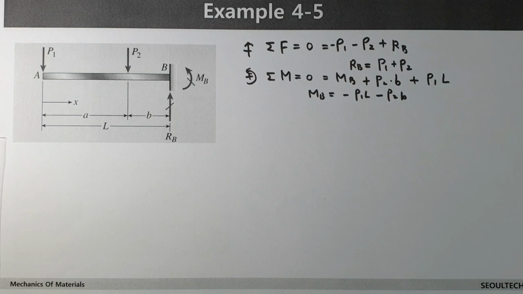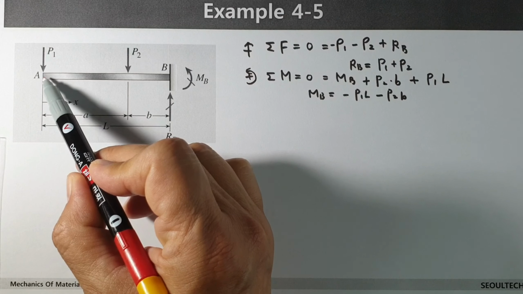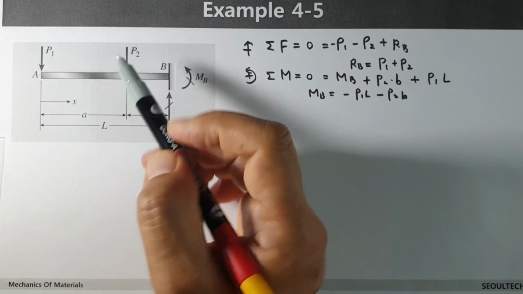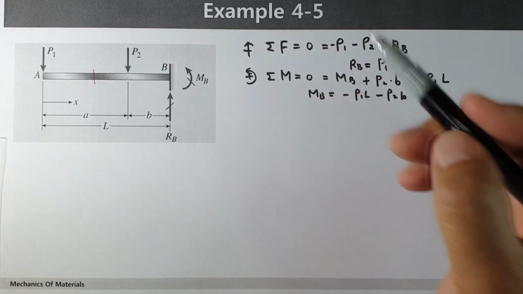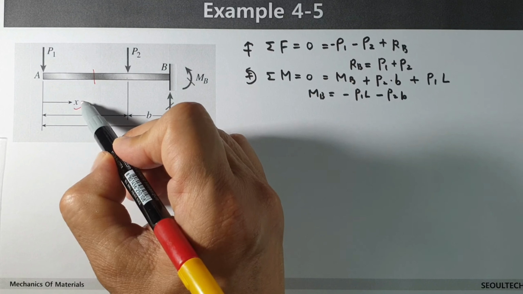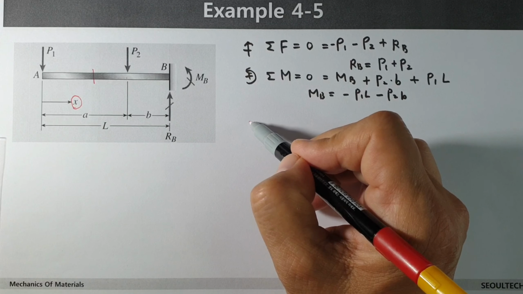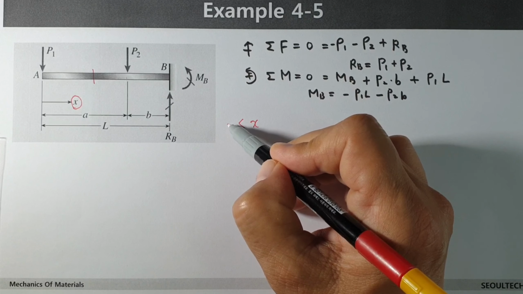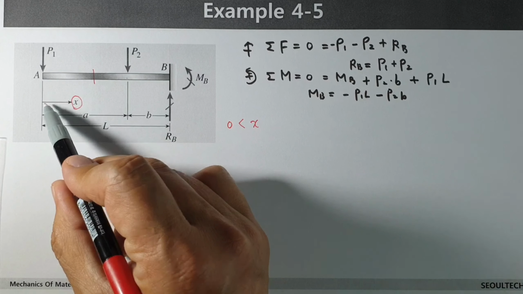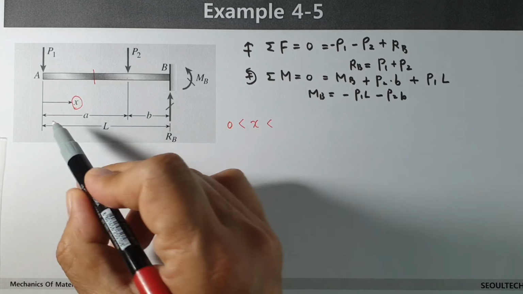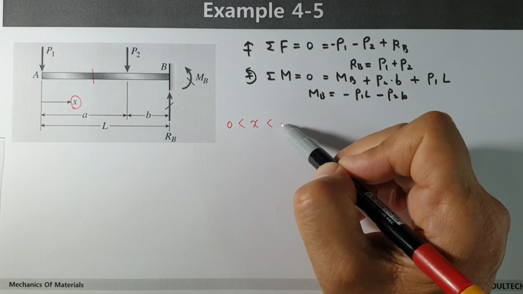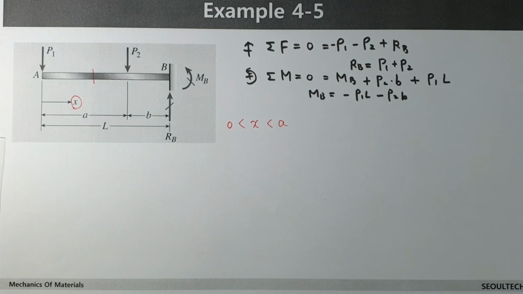Next stage, we would like to know what's happening in this region, in this scope. What's happening there when x is located from 0 to a in this region? Then we can draw a free body diagram.